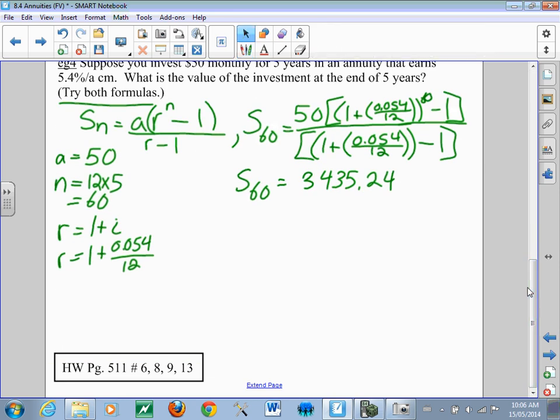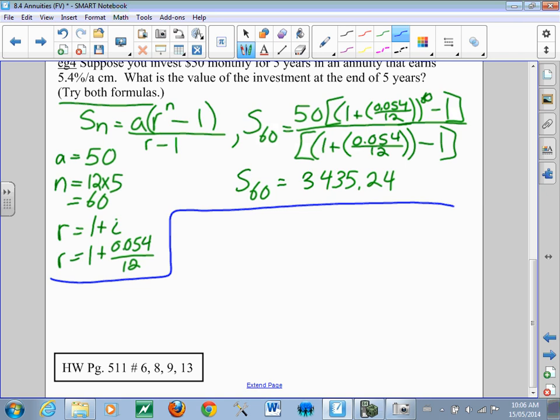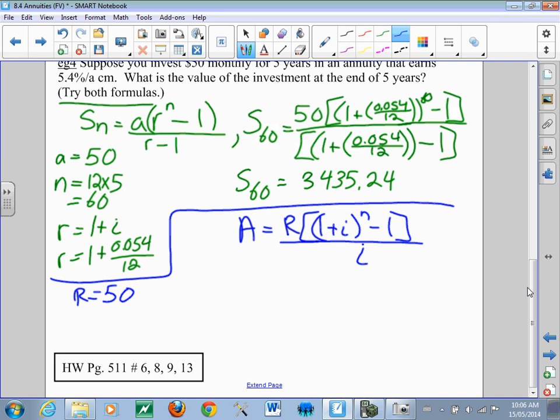Okay, let's try it with the second method. Ooh, I'm running out of room. Let's see if I can do it over here. Okay, so the second one is A equals R, 1 plus I to the N minus 1, all over I. Okay, so taking a look here, we know R equals 50, okay, because it's the regular amount. I, we already calculated 0.054 divided by 12, and N equals 60.